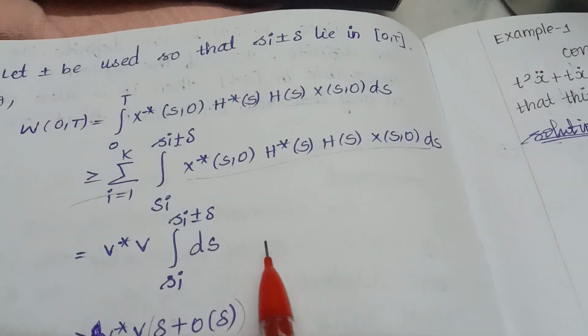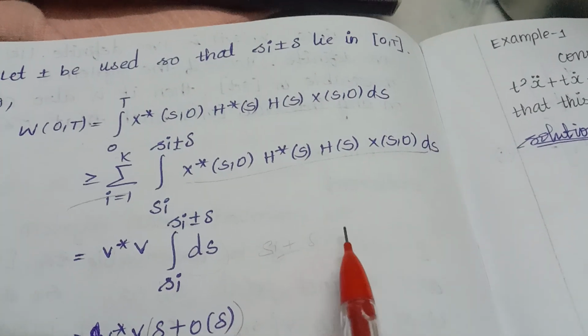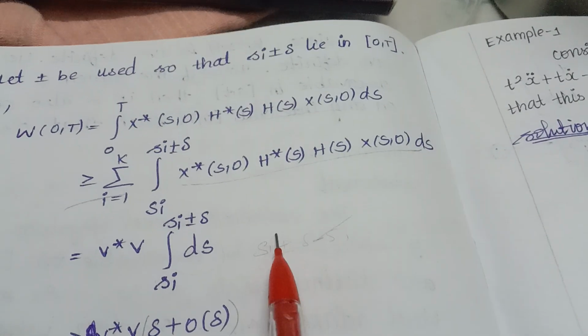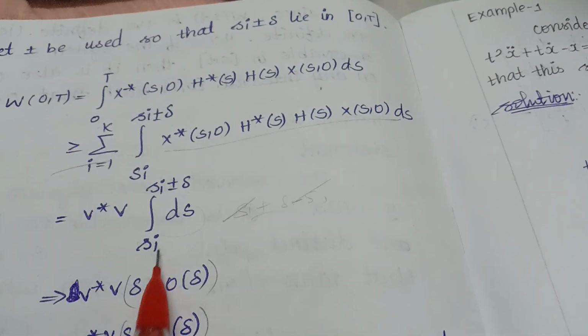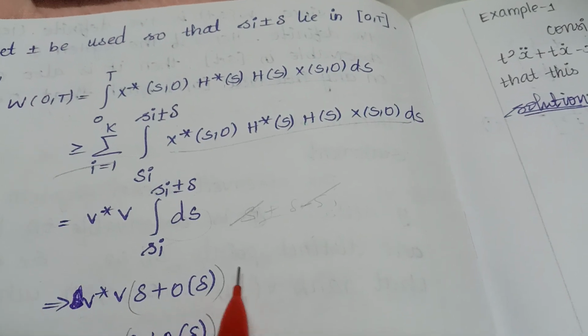If we integrate, we get si plus delta minus si, the terms cancel, so delta times V star V plus order of delta.